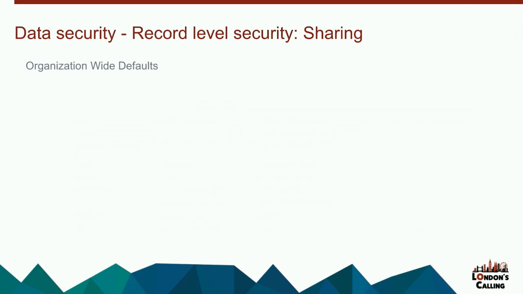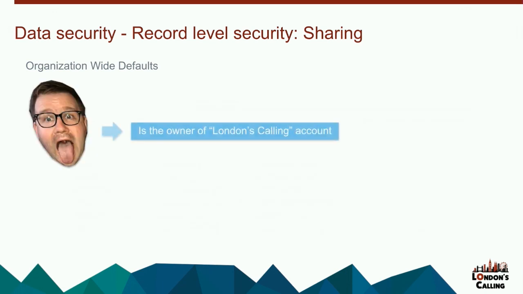And let's see this again with an example. Let's say that Simon is the owner of the London's Calling account, and that we have selected a private sharing model for our account table.